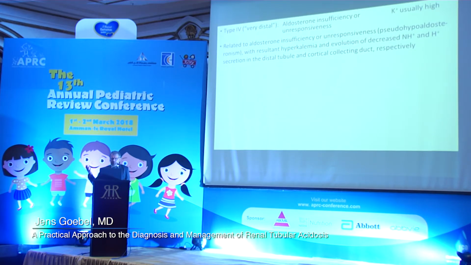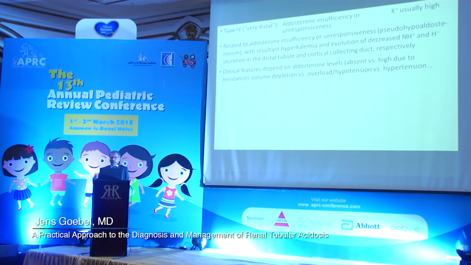Either there's adrenal insufficiency and no aldosterone available, or there's plenty of aldosterone available, but the receptors in the kidneys for aldosterone are mutated and unresponsive, in which case it's one of the types of pseudo-hypoaldosteronism. And the laboratory findings, again, are resultant hyperkalemia and an evolution of decreased ammonium and hydrogen secretion in the distal tubule and very distal, the cortical collecting duct.